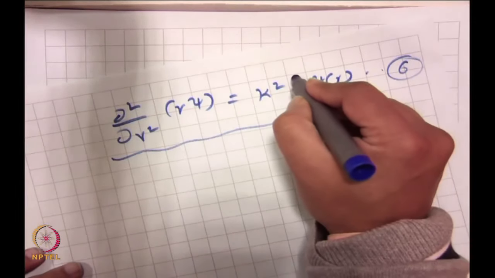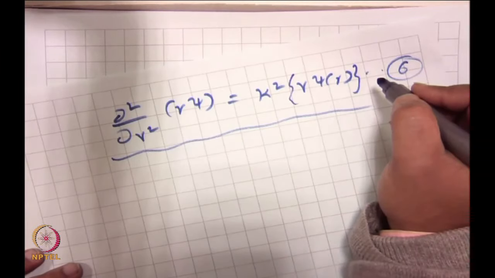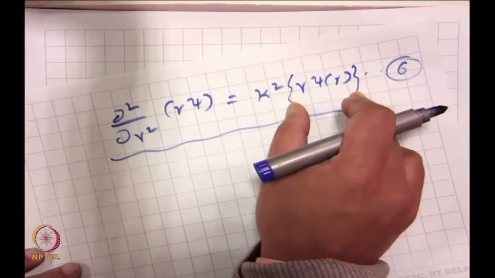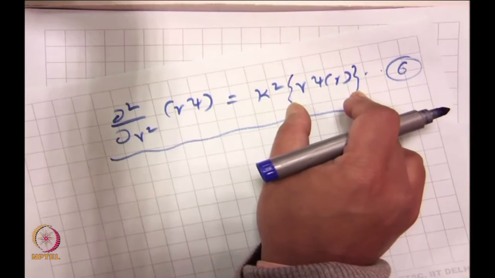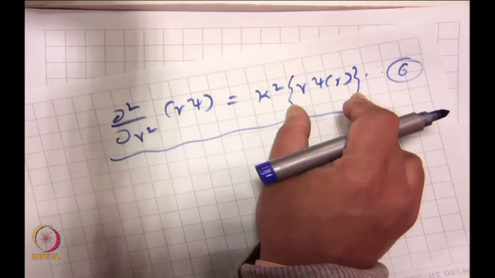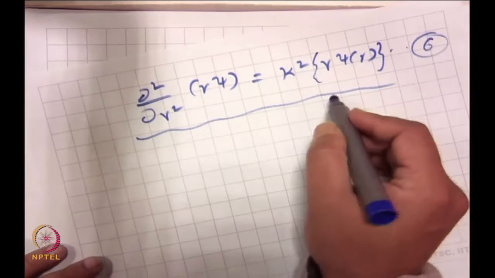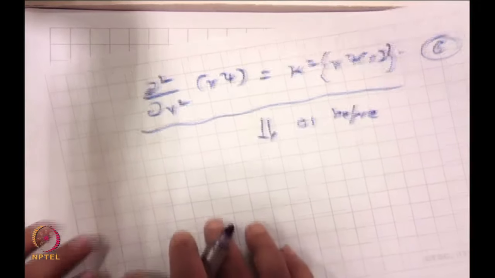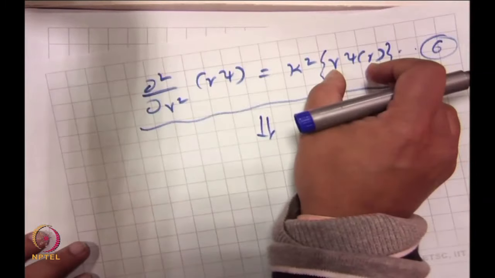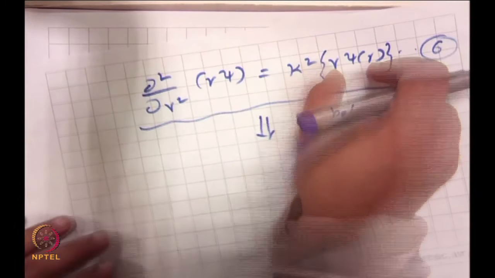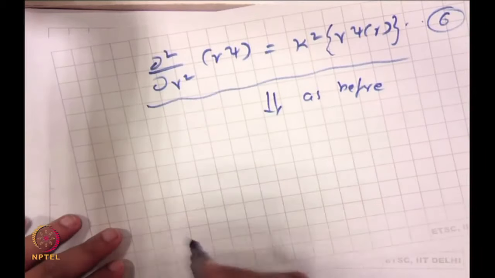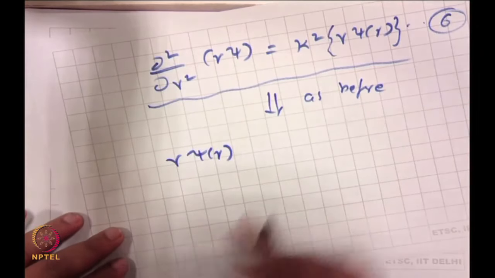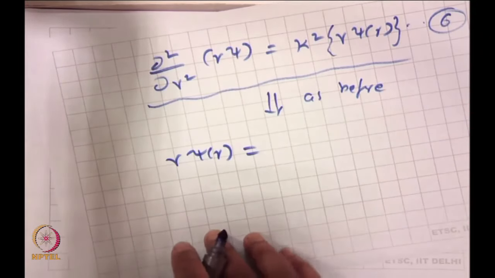So I can put this one in brackets like this. So instead of psi of x, what are we solving? We are solving r psi of r for a simple comparison. Can everyone see it? Everyone can see it, right? So if this is the case, then as before, if this is your certain function what you are solving for, you are essentially solving for psi of r, remember, then what should it be? I can write r psi of r is equal to what?